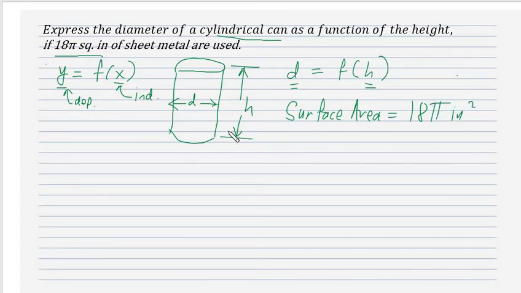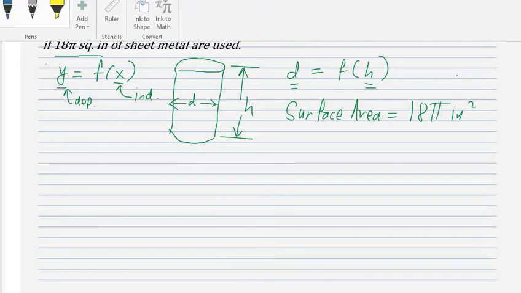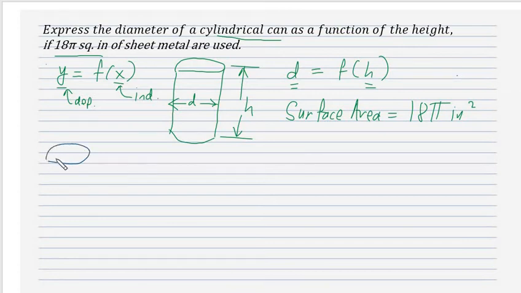Now, if we examine the cylindrical can to simplify the concept of surface area, it has actually three surfaces. Okay, I will draw the cylindrical can. So let's say that is our top, and then the body, and then the bottom part.